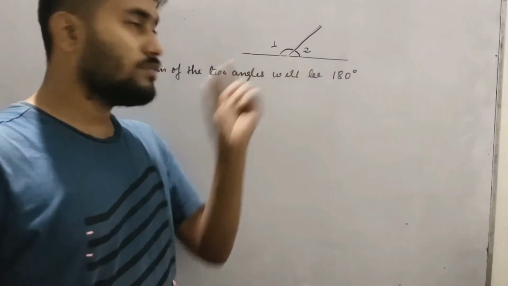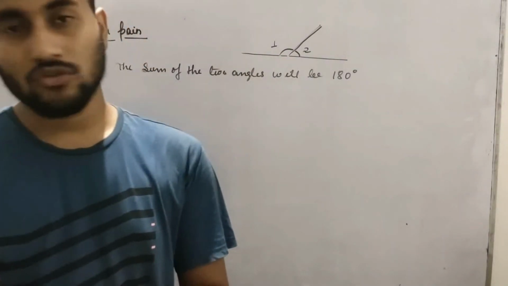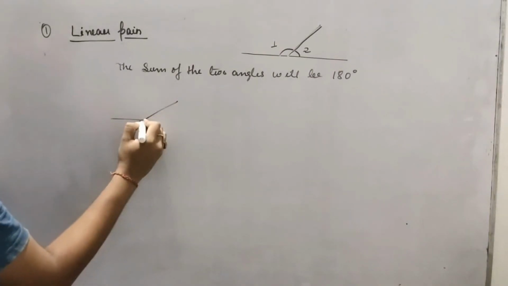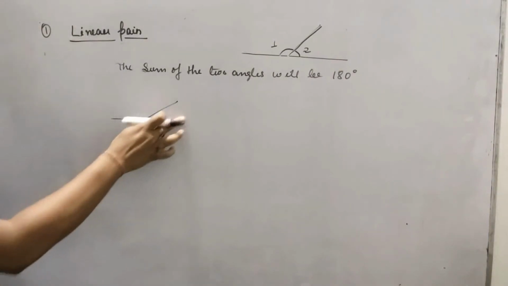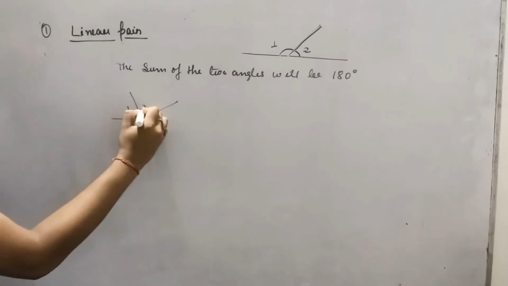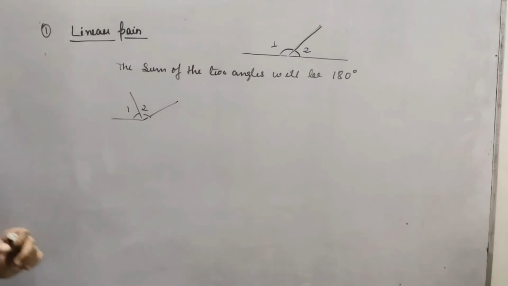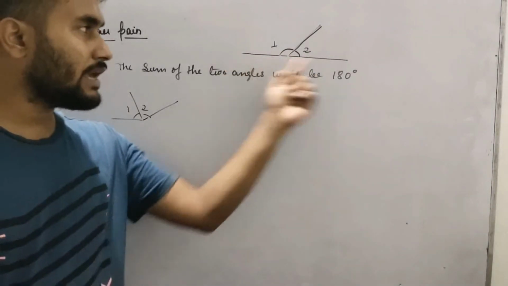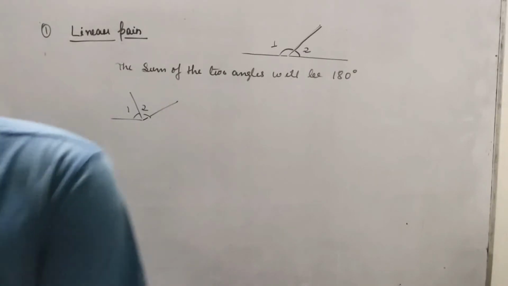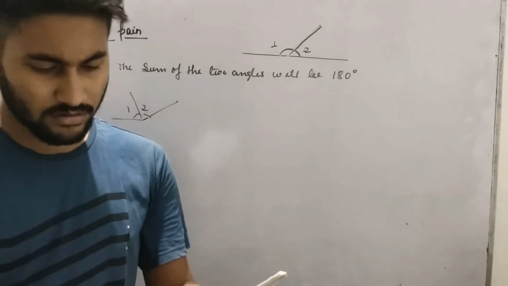Yes, but it has to be a straight line. If it is not a straight line, say for example this is like this and like this, this is not a straight line, right? Now you cannot say that angle 1 plus angle 2 is 180 degrees. At first this has to be a straight line. Understood? It is given in the book, you can see about linear pair.